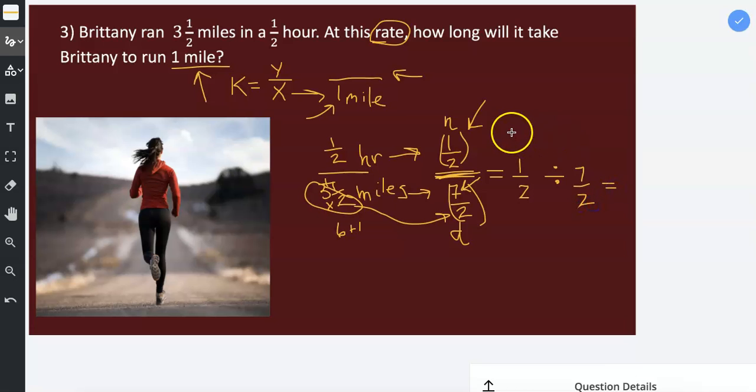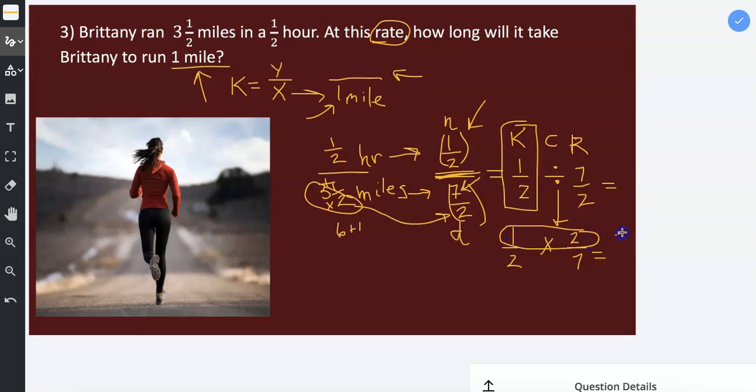And then the final step is to apply the keep, change, reciprocal method. So I keep the 1/2, that's locked in. I change the division to multiplication, and I write the reciprocal of 7/2. And then I multiply the numerators, and I get a product of 2.